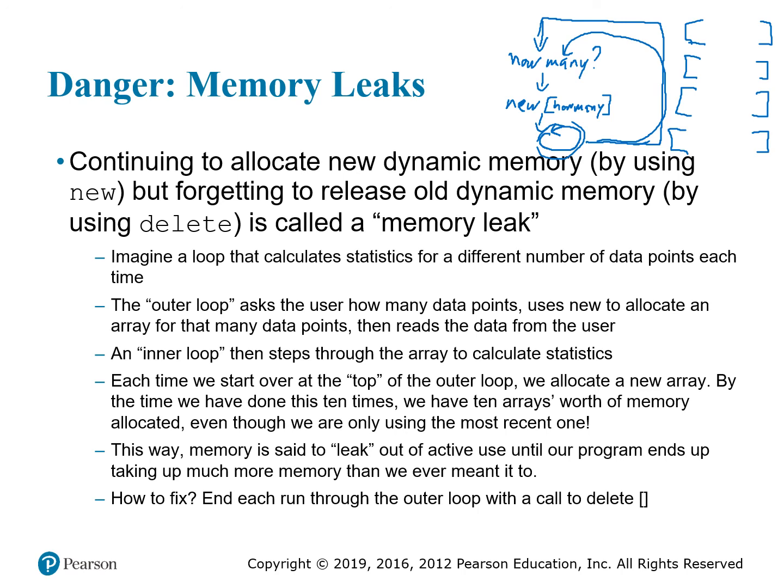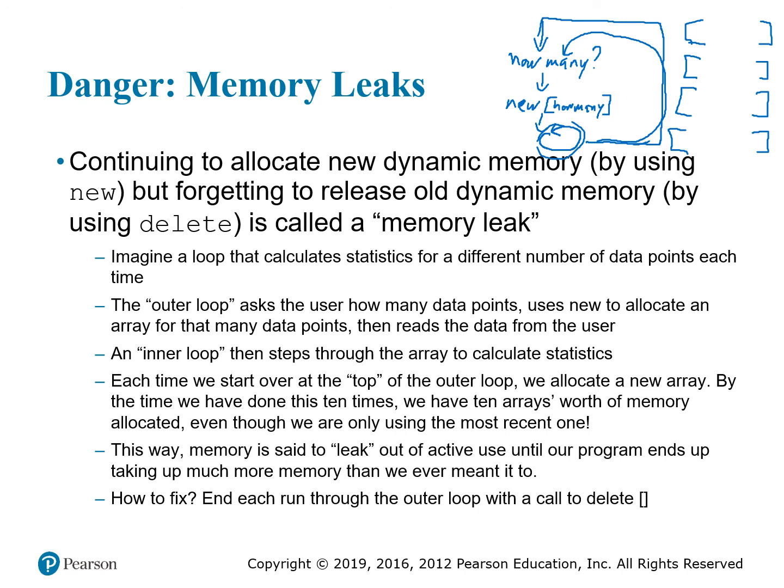And that means your program ends up leaking memory out of use that it no longer can get to and no longer can delete. And the program ends up taking up 10 times more memory than you ever meant it to.